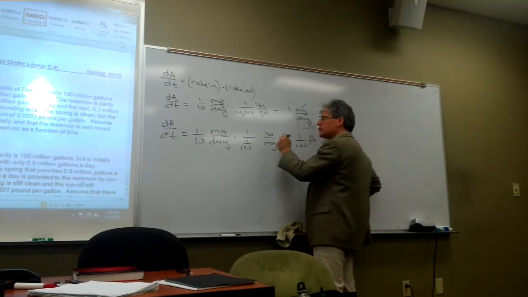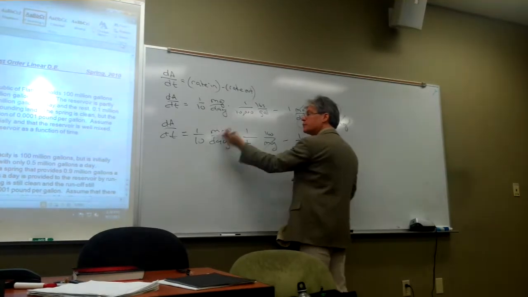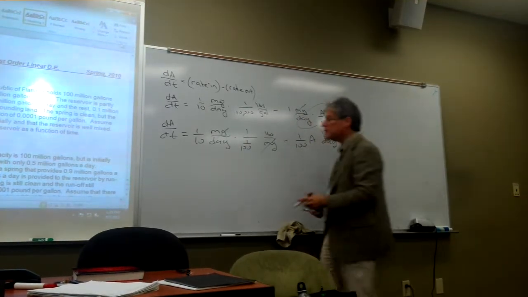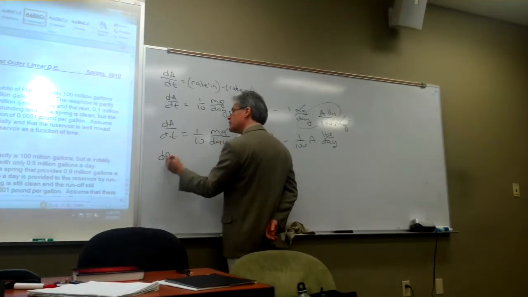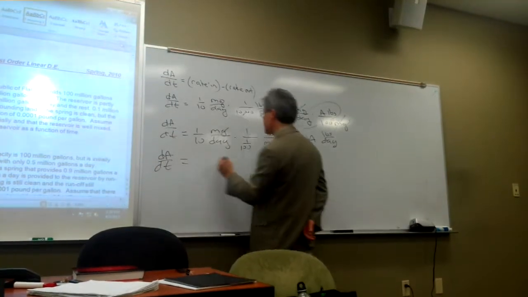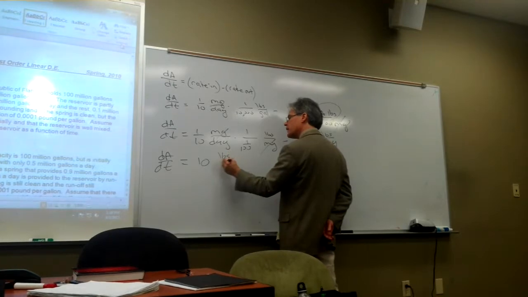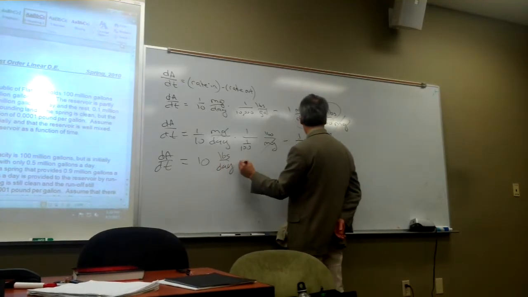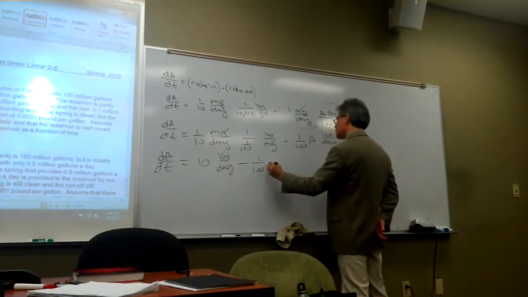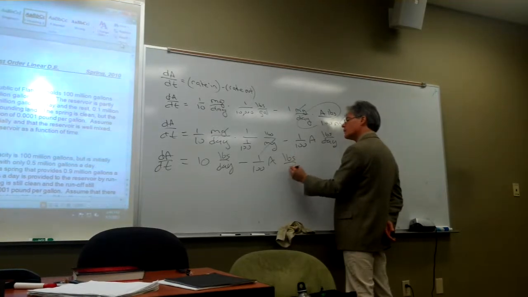So I guess in the end, I do get some nifty little blue cancellation with my units. And I see that the rate at which A is changing with respect to time is going to be nothing more than 10 pounds per day minus 1/100th times A pounds per day.